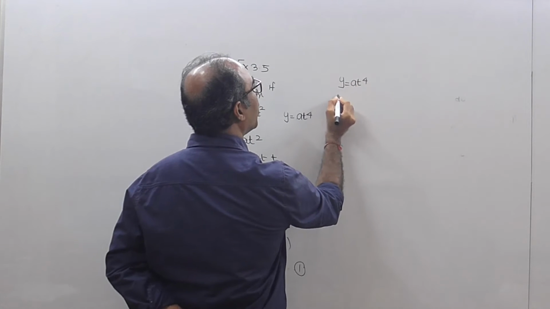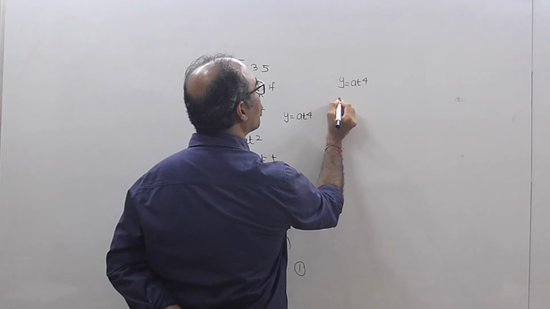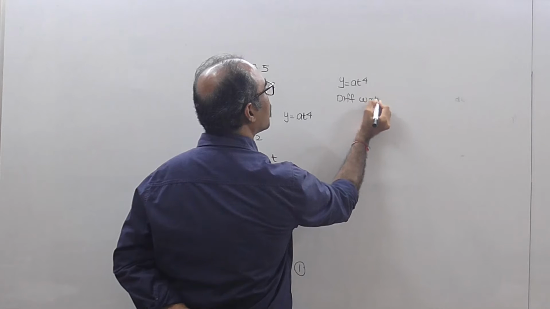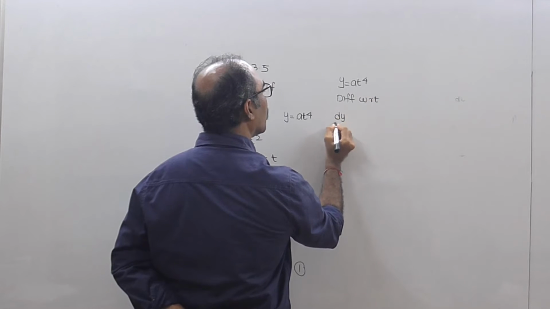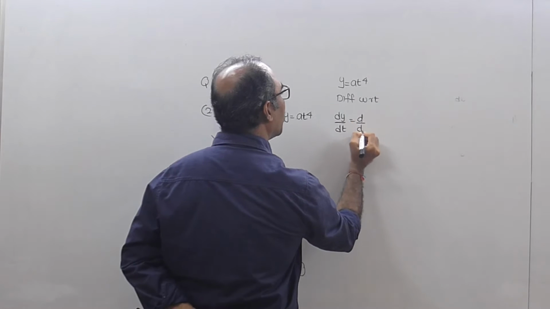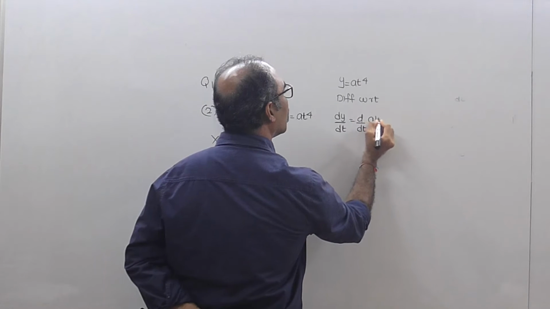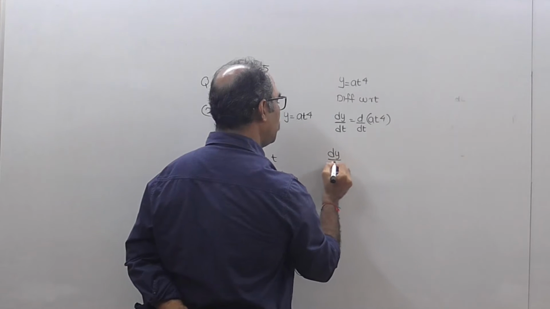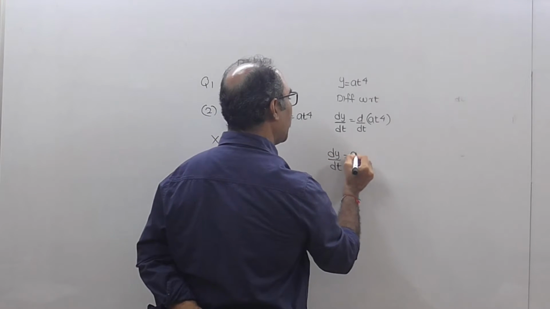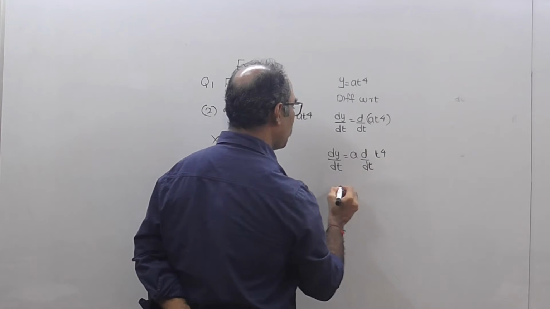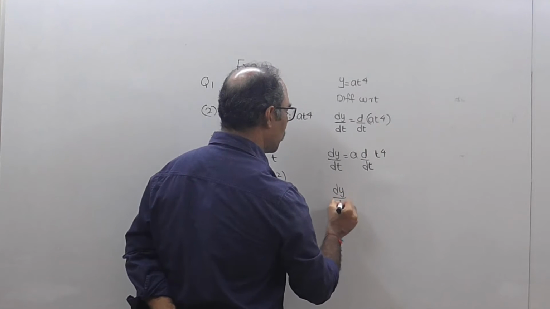y equal to at raised to 4, this is y equal to g of t, so differentiate with respect to t, you get dy by dt equal to d by dt of a times t raised to 4. a constant out, d by dt of t raised to 4.